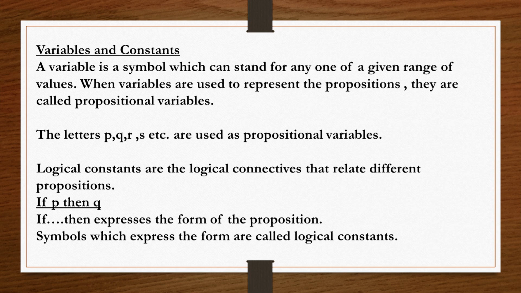Those are known as propositional variables. So what are the propositional variables? The propositional variables we use are P, Q, R and S. So P, Q, R, S, these are known as propositional variables. Okay.